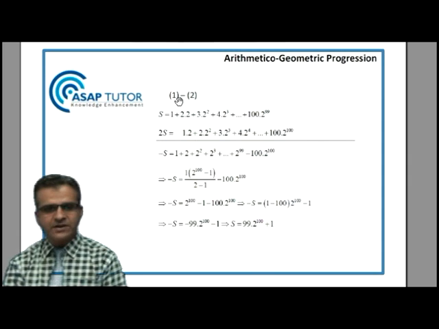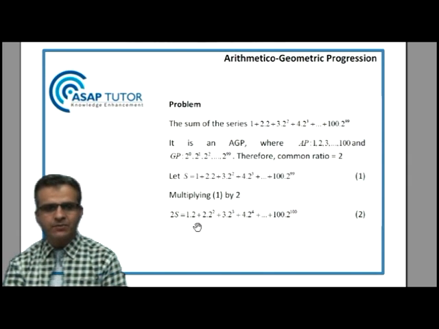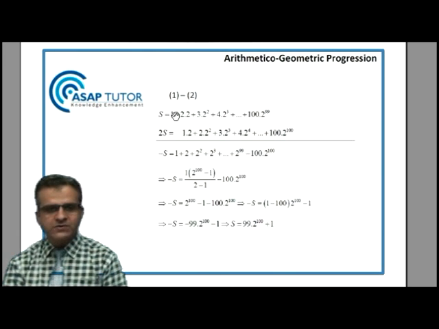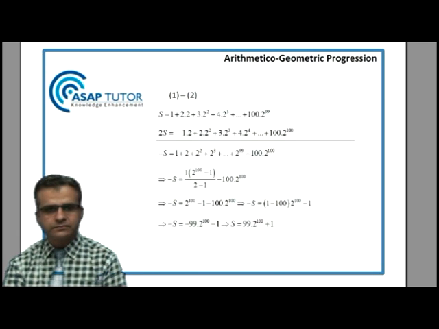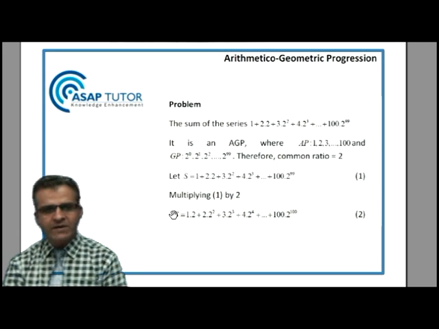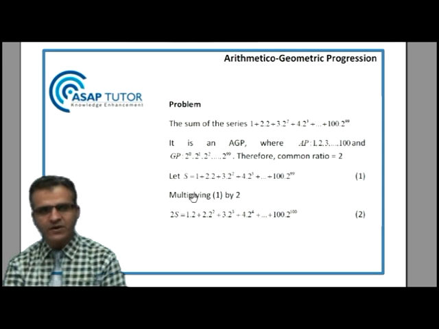So if we subtract this 1 and 2, this minus this, we get 1, because we have shifted this 1 forward. If we shift it rightwards, 0 will be there, so it becomes 0 plus 1 by 2, so 1 minus 0 will come.